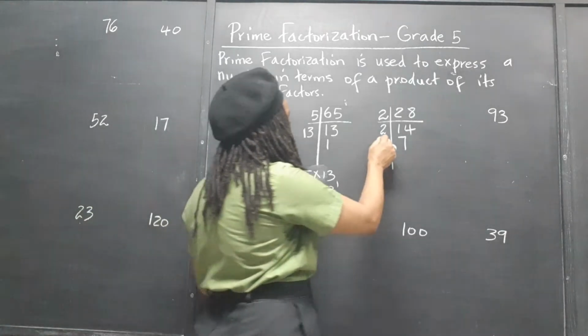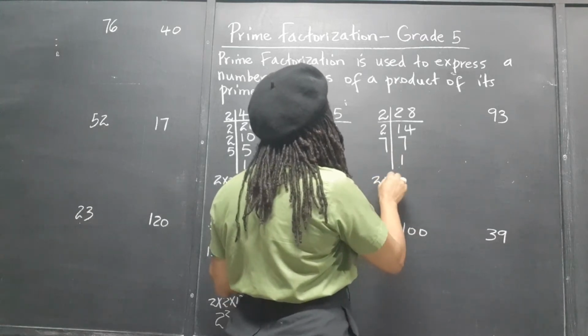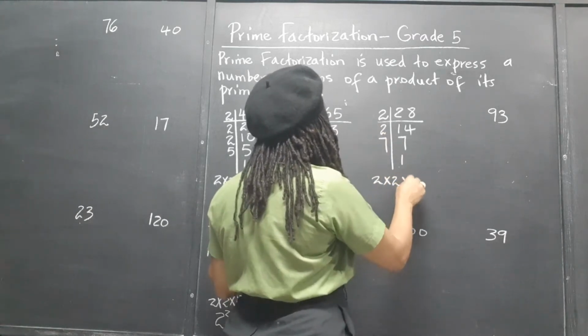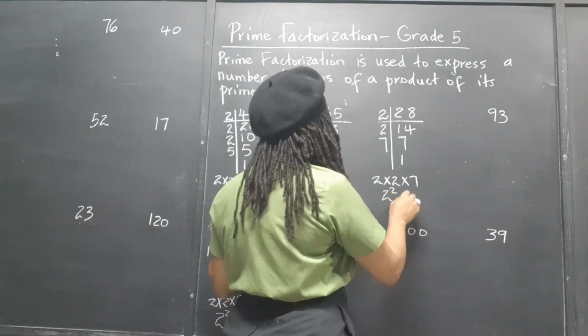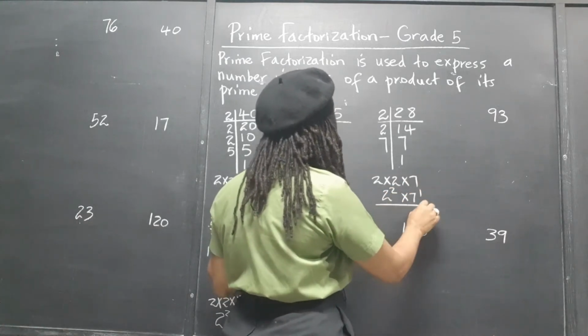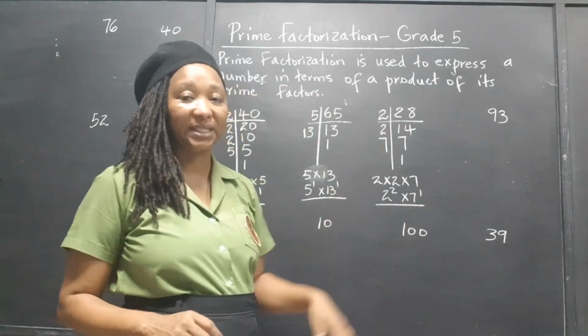So 7 is the next prime number, and it can go into itself once. That's 2 times 2 times 7, or 2 squared times 7 to the first power. This is the prime factorization of 28.